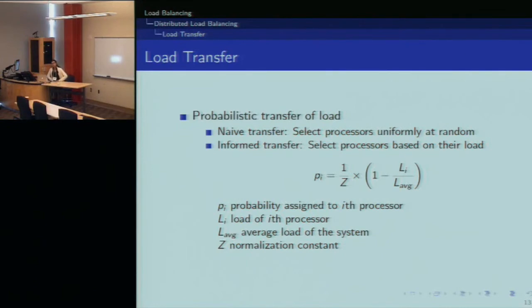Do you take into account network topology when deciding about load balance? Repeat the question, please. Yeah, so do we consider topology while taking the load transfer into account? Currently the scheme doesn't take into account topology, but as I mentioned, this metric can be modified to take a weighted sum of the load as well as the topology.